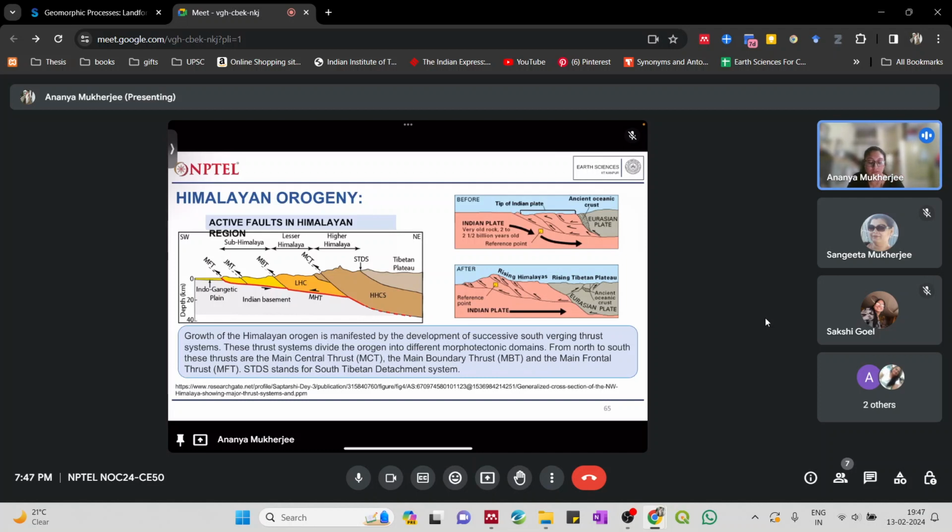A thrust fault is when two blocks are moving towards each other, one of them moving upwards and one moving downwards. This fault plane is called a thrust fault plane, and this fault is called a thrust fault.